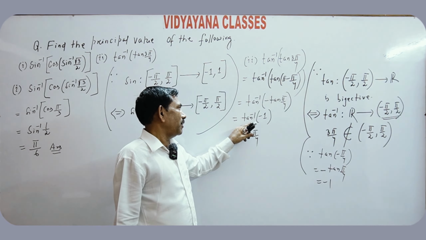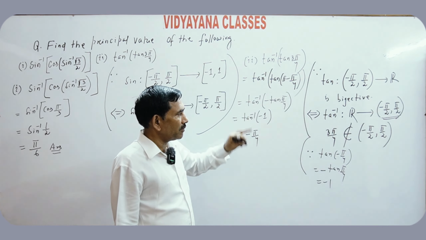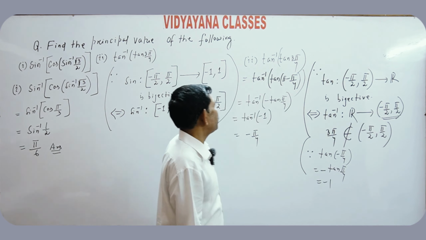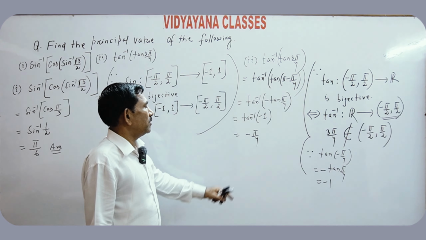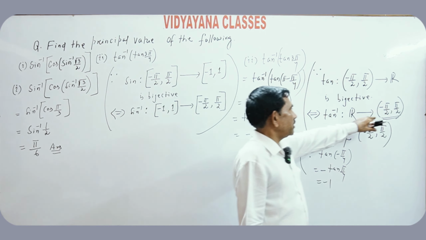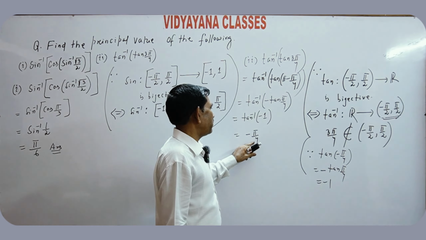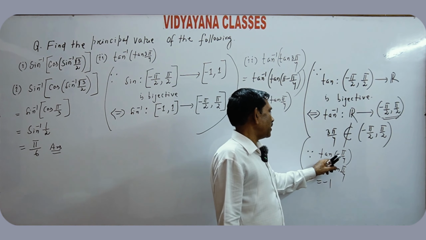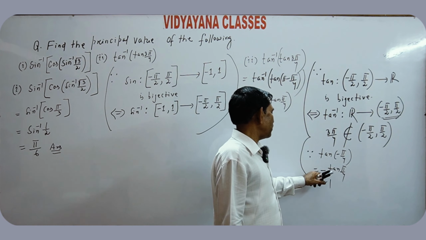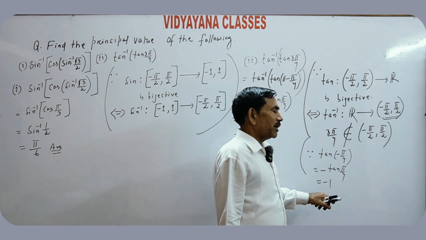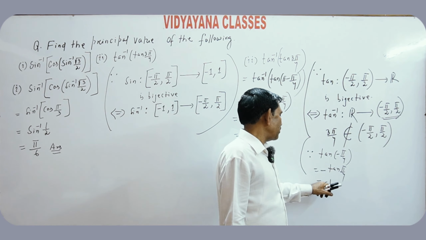Which angle of tan that belongs to this set has value minus 1? That is minus pi by 4, since tan of minus pi by 4 is equal to minus tan pi by 4, because tan of minus theta is equal to minus tan theta, and tan pi by 4 is equal to 1.